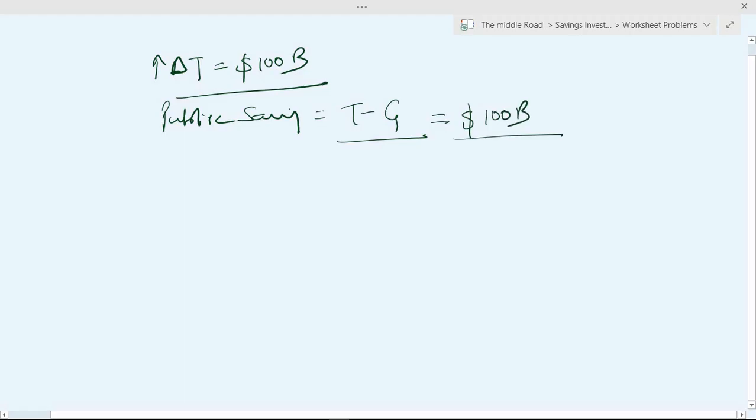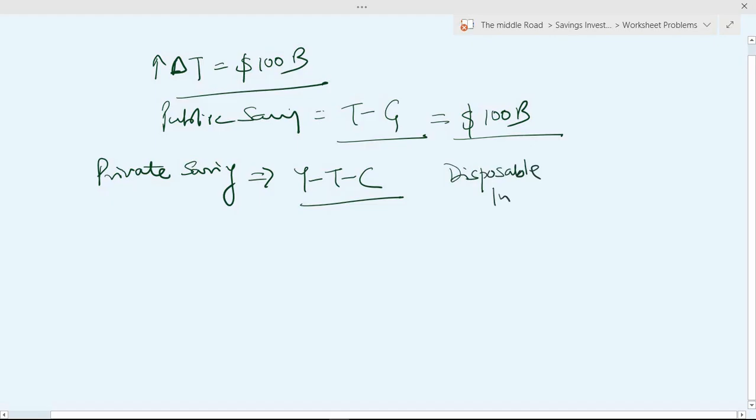When we increase taxes, we know the disposable income reduces. Looking at private saving, it's nothing but Y minus tax minus consumption, and consumption is a function of the marginal propensity to consume. We have increased taxes by 100 billion, which means the disposable income reduces by 100 billion.